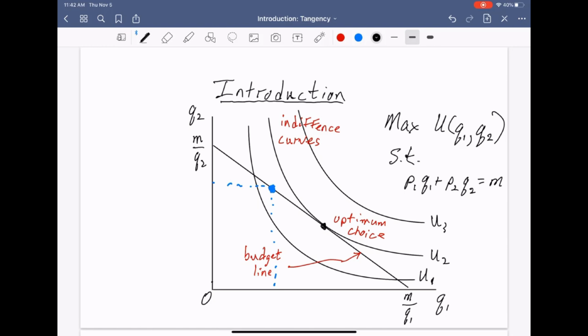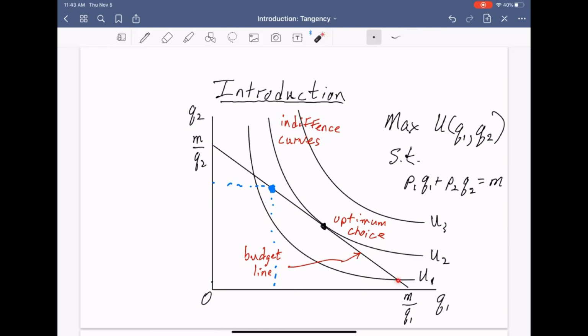In this lecture, we are going to look at Chapter 1 of Dixit, which is why I've entitled this Introduction. So we begin with a standard budget line.